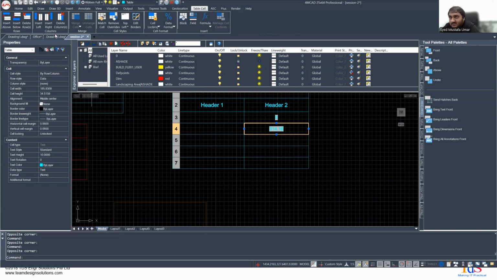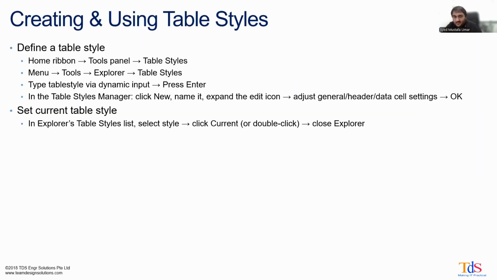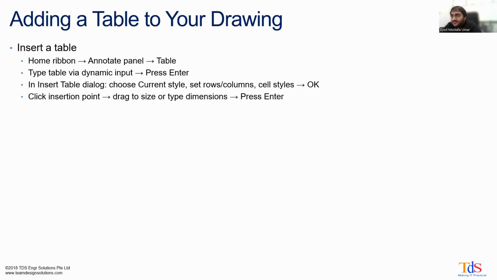And within this table cell, you have the option of inserting something above, inserting something below, being able to delete this row, being able to insert columns. So there's a lot of customizability that is provided alongside a table in FormCAD. So always keep that in mind when working with tables, the table style manager in FormCAD.